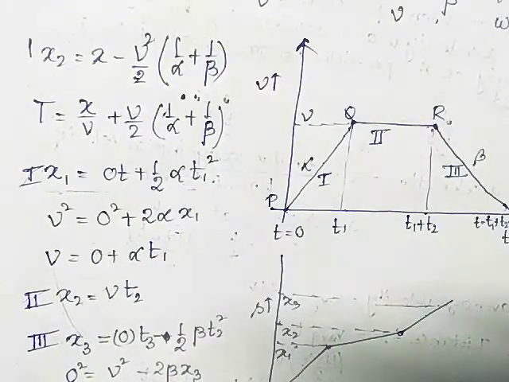So several types of problems can come, and you have to deal with them tactically, because you know the basic concepts now. Maybe in place of alpha and beta they use a and b, in place of x1, x2, x3 they use d1, d2, d3, and for the total time they use tau or something. I am telling you all of this now because it may create a problem. When you see this equation in different notations, it creates a problem when choosing the correct option from the several options. Thank you.